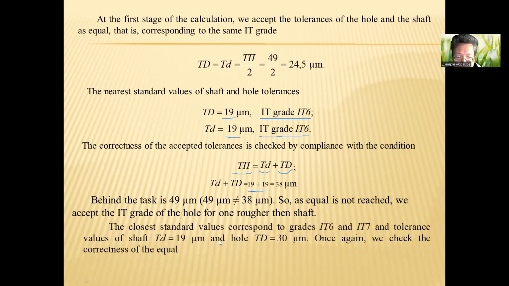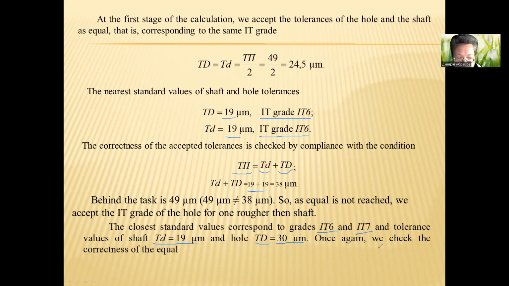The closest standard values correspond to grades IT6 and IT7. The tolerance of the shaft, small Td, is equal to 19 micrometers, for IT6. And for the hole, big TD will be equal to 30 micrometers, for IT7.